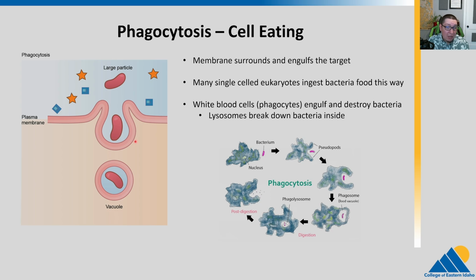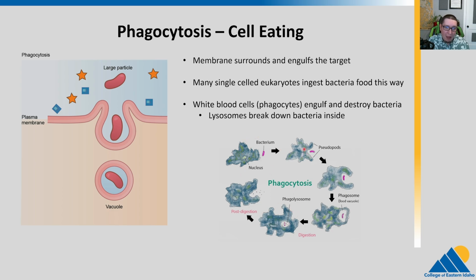Now, there are many single-celled eukaryotes that eat bacteria as food in this way, but also a very important phagocytic cell in your body are white blood cells. These will engulf bacteria and then break them down and destroy them. So things like lysozymes break the bacteria down inside of the cell. So here's a phagocytic cell.